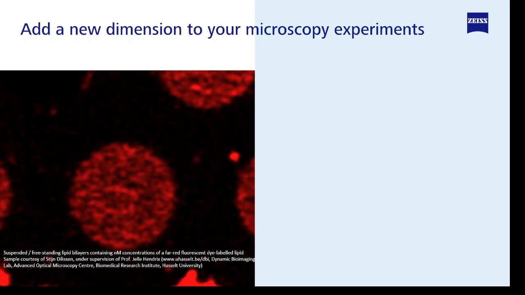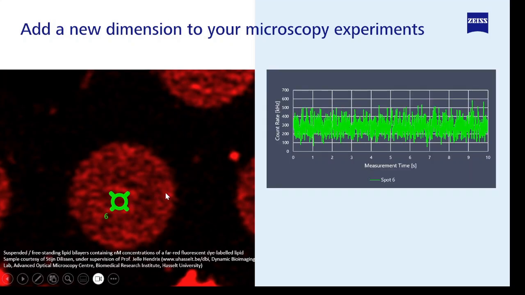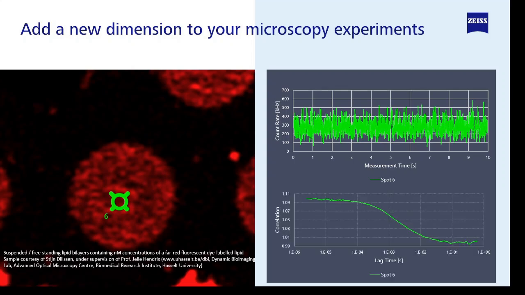We can not only study the condensates, but we also can study some other examples like barriers and compartments. Like this one is a lipid bilayer containing nanomolar concentration of far-red fluorescent dye. If we put the measurement spot in the center, we can get the correlation curve.